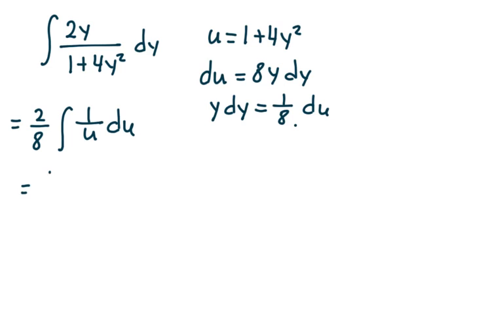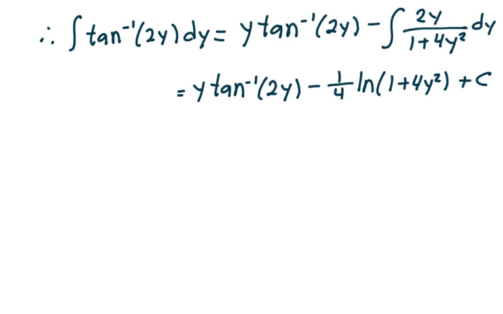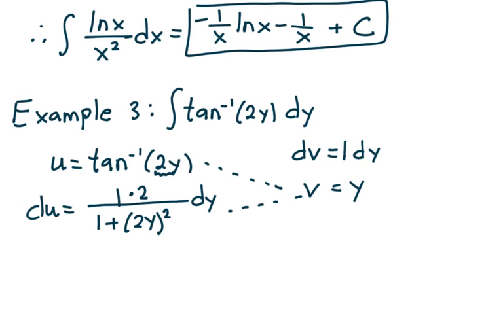And so this is 1 over 4 natural log of the absolute value of u plus c. But remember, 1 plus 4y squared is never negative, no matter what I choose for y. So I don't need those absolute value bars, and so it would be sufficient to write 1/4 natural log of 1 plus 4y squared plus c. And so you can see this result came from u substitution, which is what I have over here. And that's how you do example 3.